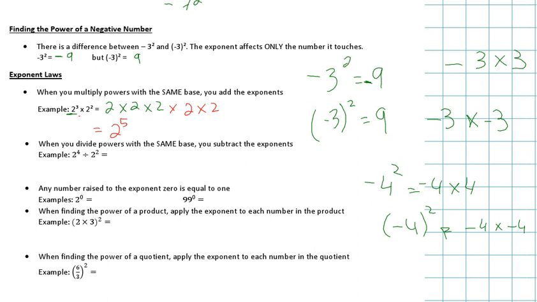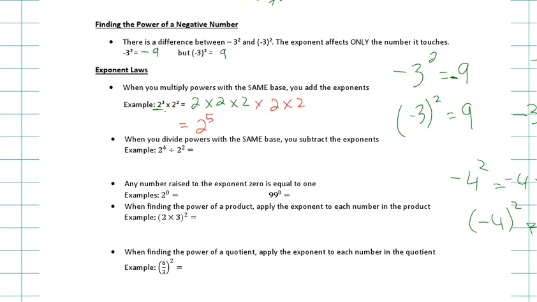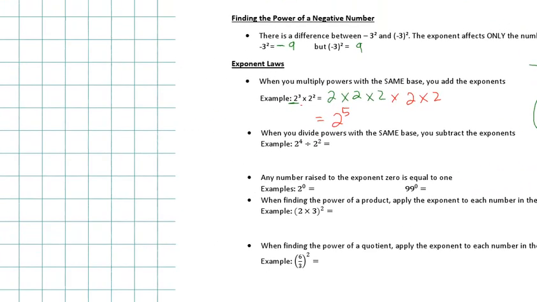Let's look at a letter. Okay? Sometimes a letter makes it a little easier. So if I have a to the power of 4 times a to the power of 3. Okay? Do I have the same base? What is it? The base is a.